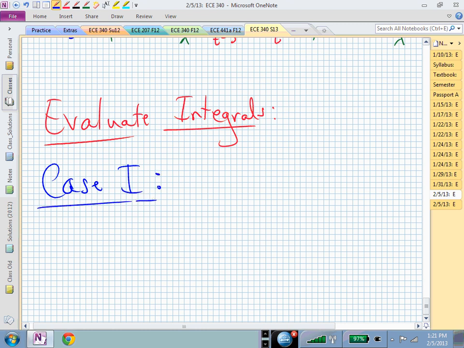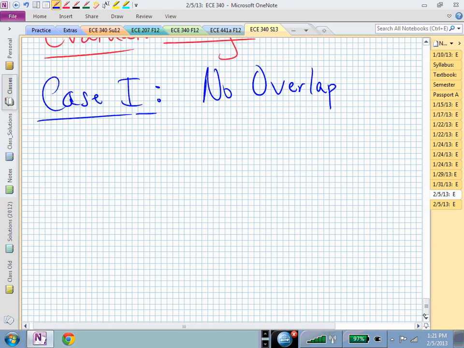Overlap pictures. Meaning, as I adjust t, or as I slide t from minus infinity up to plus infinity, what's the overlap picture look like?